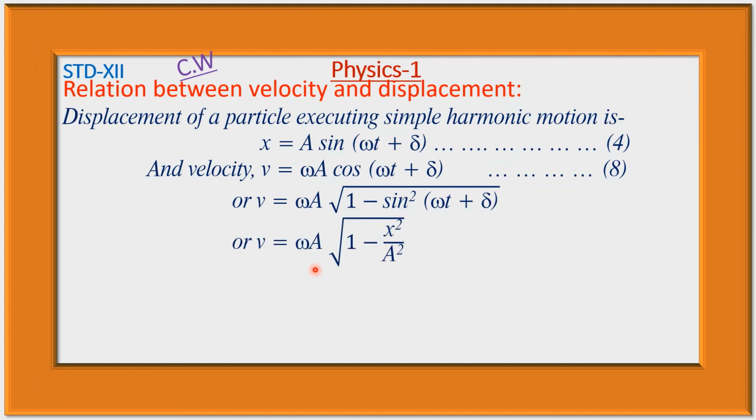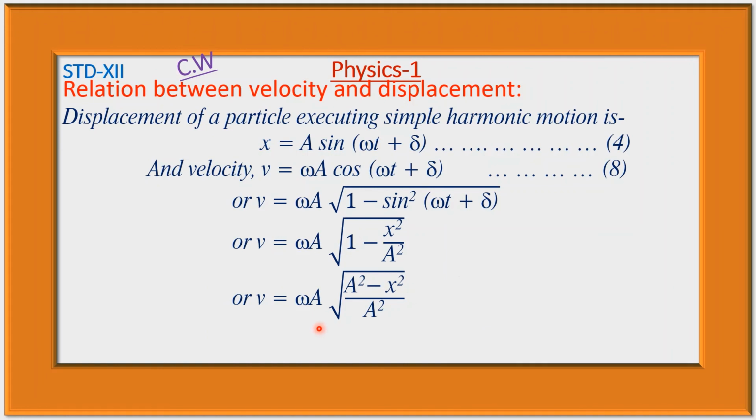Or v = ωa√(1 − x²/a²), because here x = a sin(ωt + δ). Therefore sin(ωt + δ) = x/a, so sin²(ωt + δ) = x²/a².